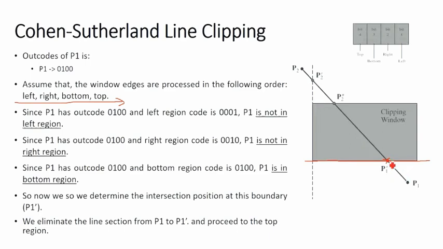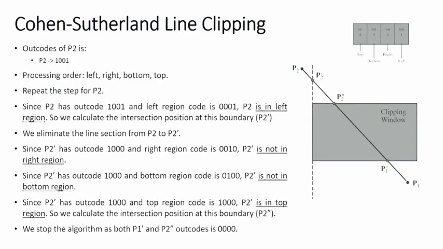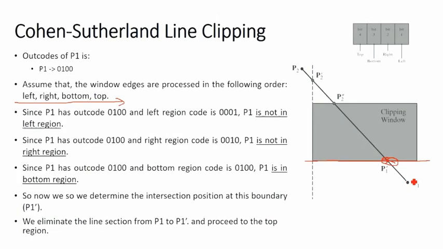Once we get the intersection point, the next thing would be to update my line. For example, I'll take P1, and if I clip it, I get P1 dash. After clipping it, after getting P1 dash, I take my line as this.